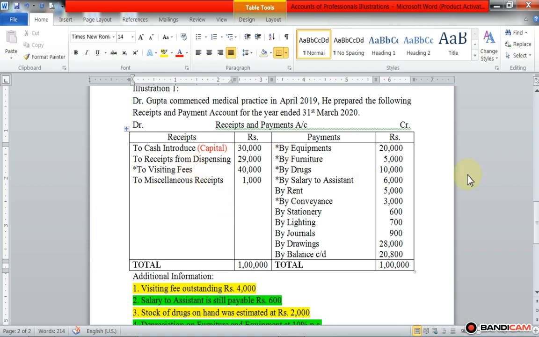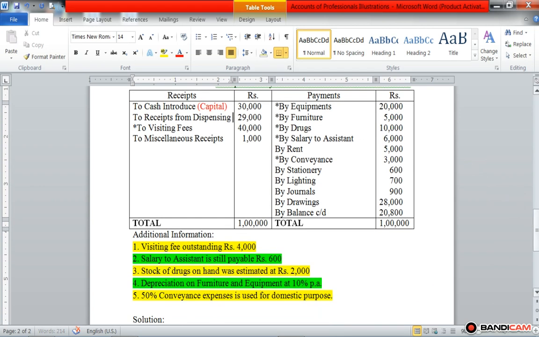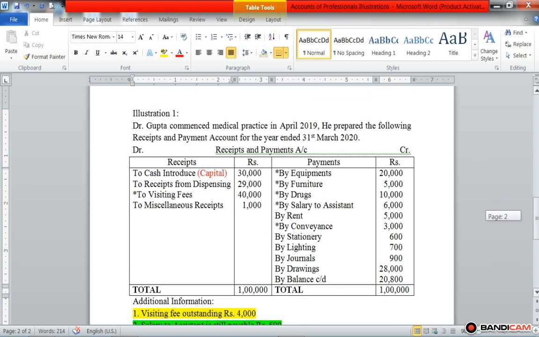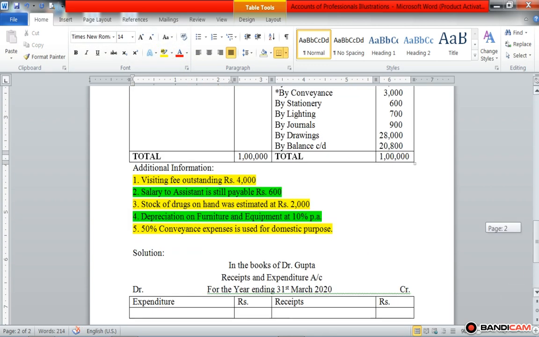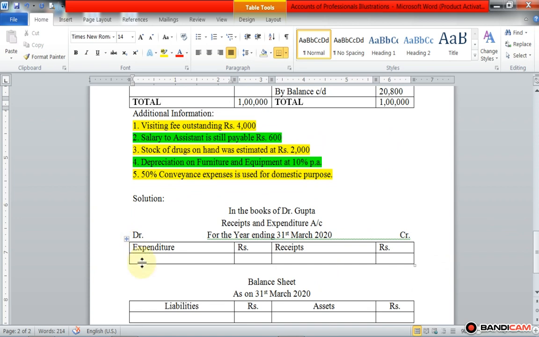Then miscellaneous receipt. First of all we transfer the receipt side. Here cash introduced is a capital, so capital is transferred to the liability side of the balance sheet in the inner column, because in capital we add surplus, and if we find a deficit, then we deduct the deficit from capital.